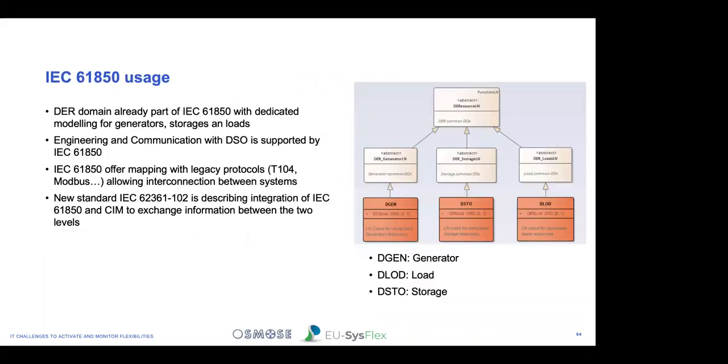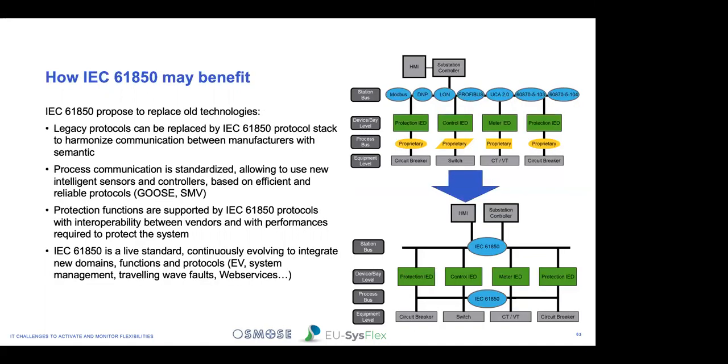And then, now please come back to the previous slide. And then also protection functions are supported by the 61850 protocol, with interoperability between vendors and the performance required to protect the system. And the last point, which is a good benefit, is that 61850 is a live standard continuously evolving to integrate new domains, functions and new protocols.